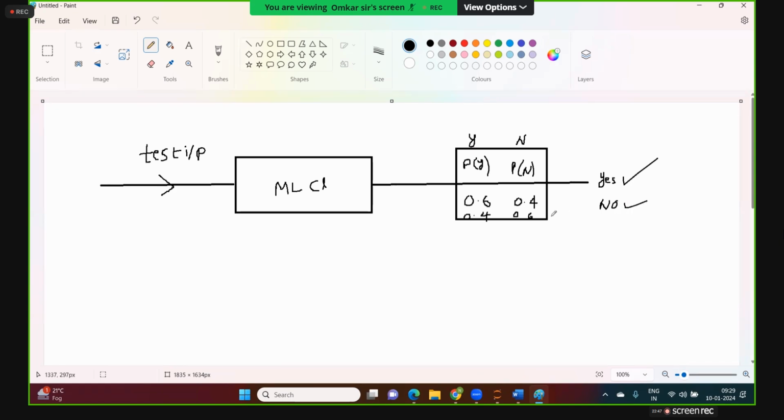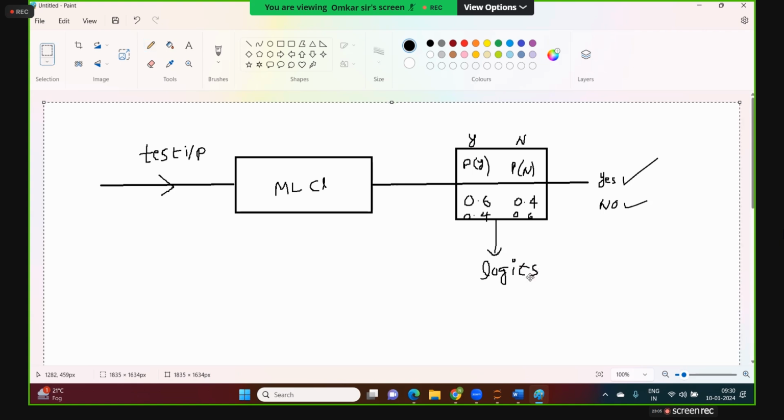So this is what we call logits. This happens internally, and you need to understand that. Everyone is clear? Can you please confirm in the chat?